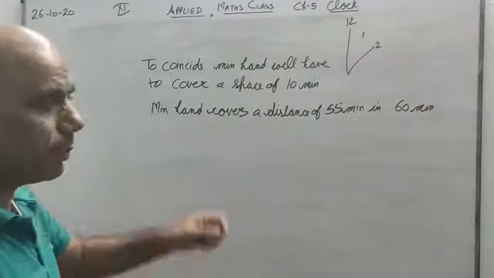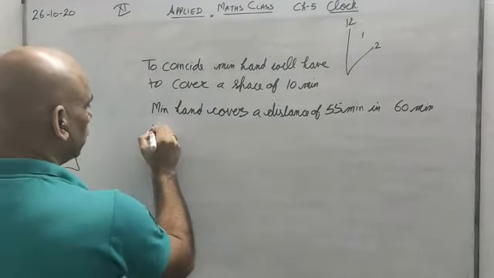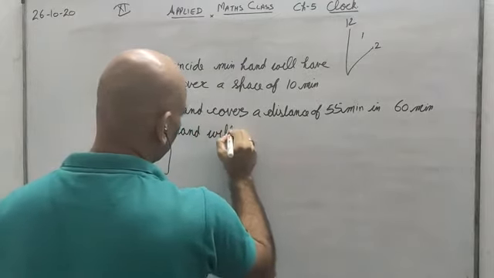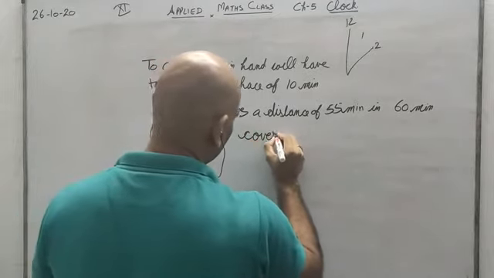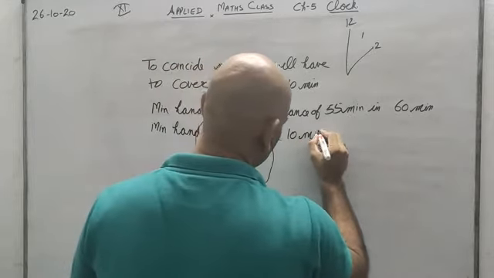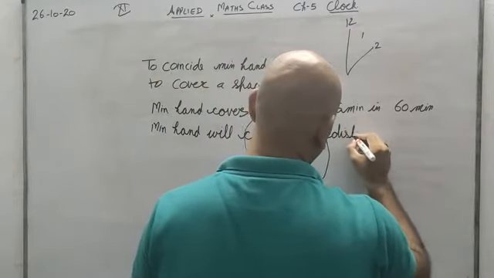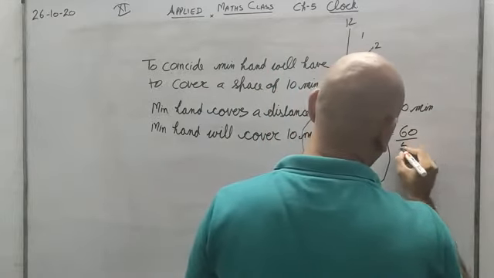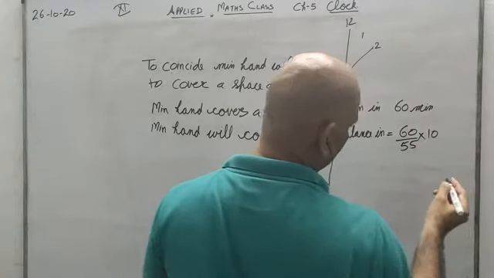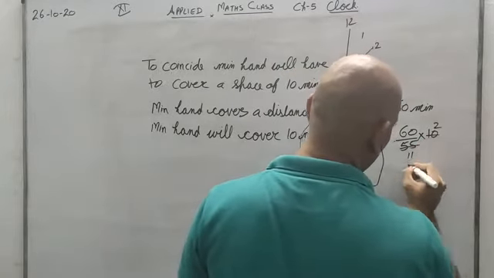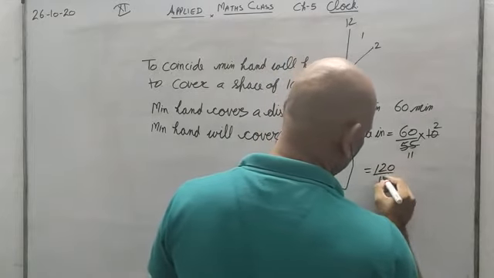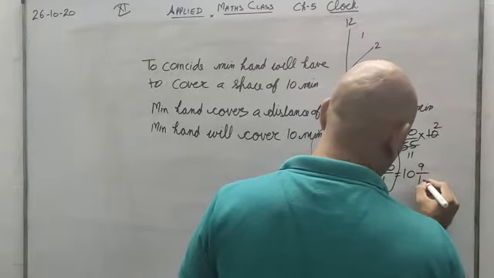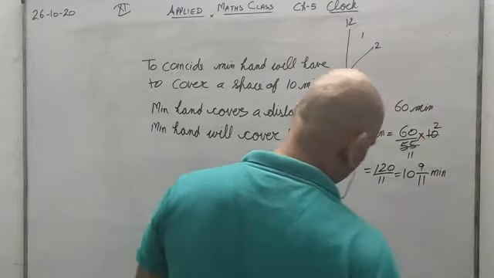So the minute hand will cover 10 minute distance, or we can call it a space, in 60 by 55 into 10, that is 120 by 11, which is 10 is to 10 by 11... 10 is to 9 by 11 minutes later.